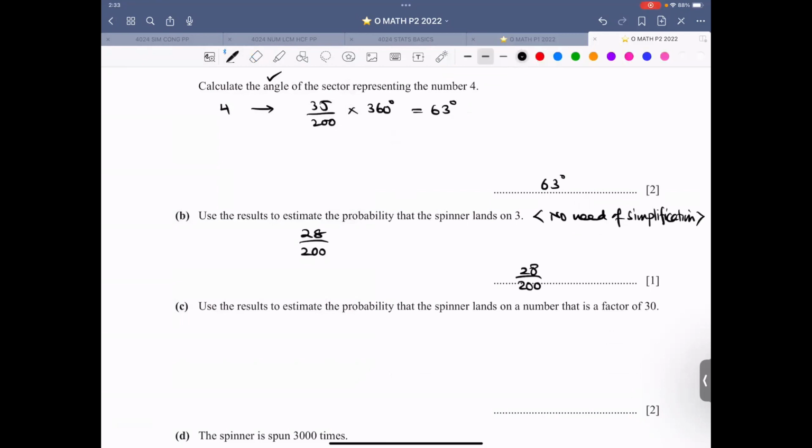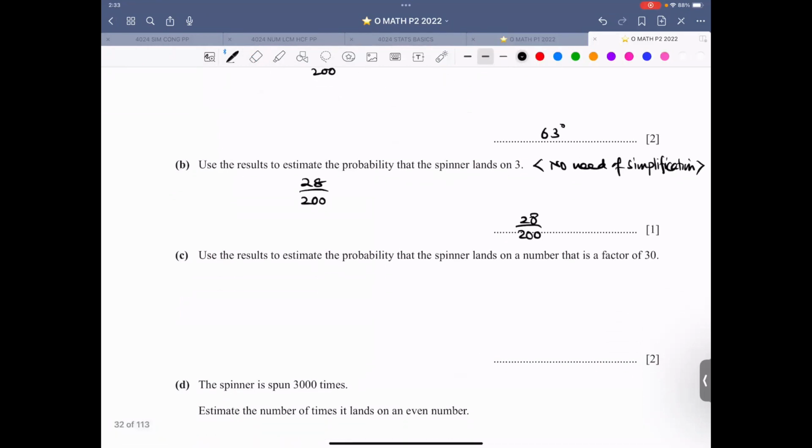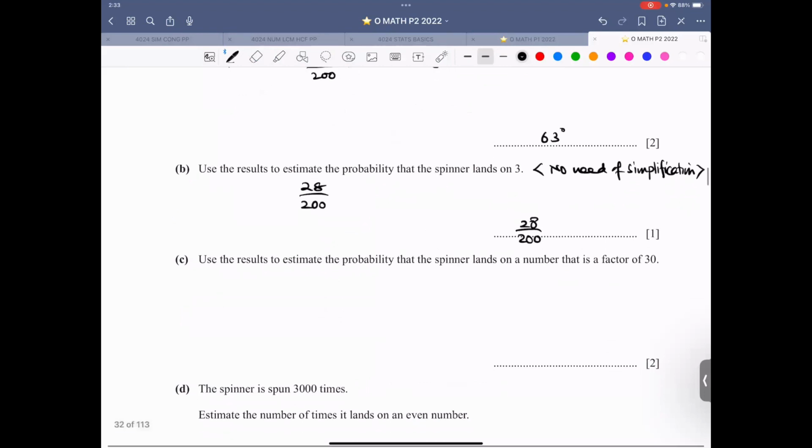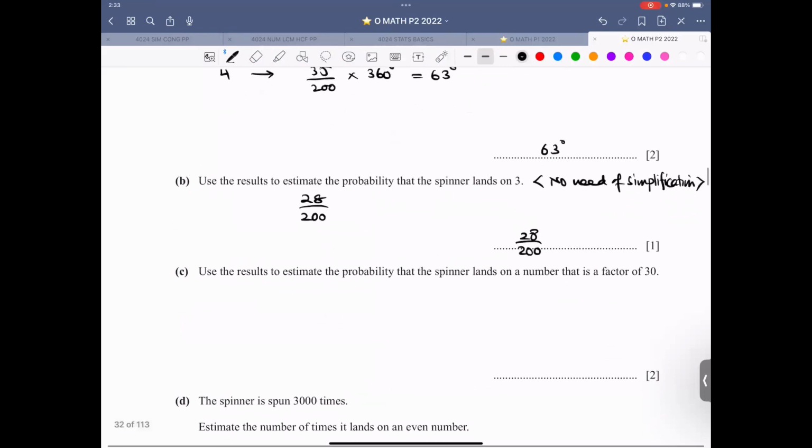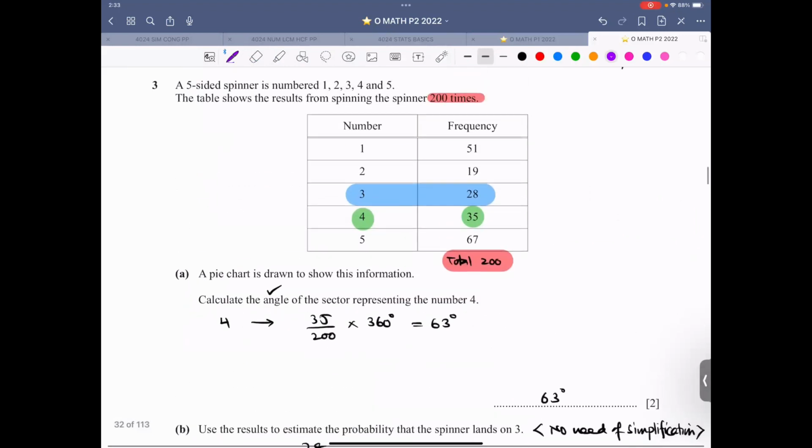Use the result to estimate the probability that the spinner lands on a number that is a factor of 30. So if we are talking about factor of 30, yes, 1 is a factor of 30, and then we have 2 is a factor of 30, 3 is a factor of 30, 4 is not a factor of 30, 5 is a factor of 30.